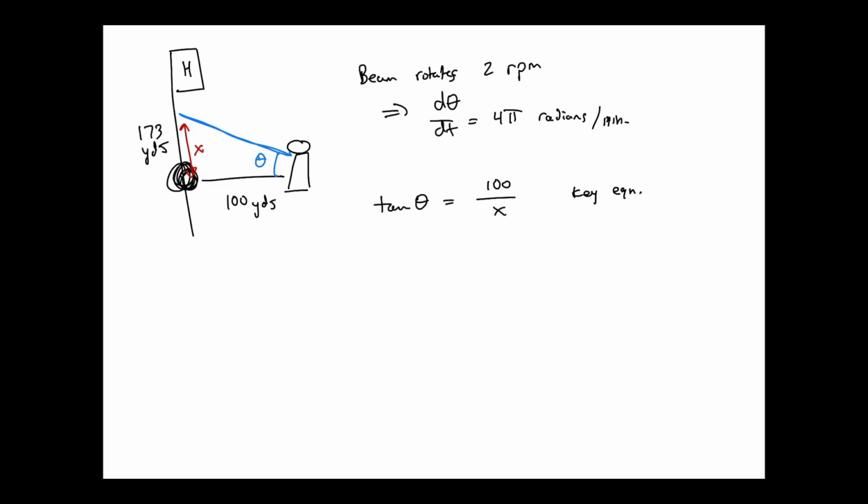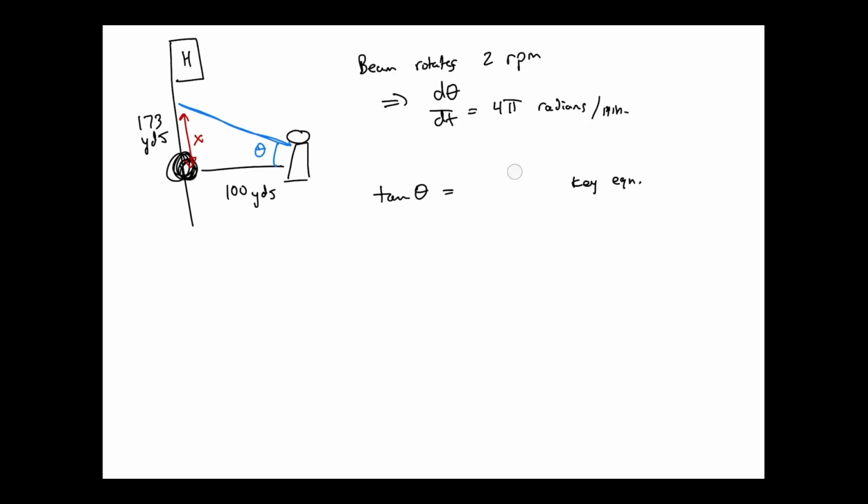If it's not, you have to divide both of them by it. I'm sorry, I wrote this upside down. Yeah, there we go. So opposite over adjacent, right? For tangent. Okay, that'll make the next step a little easier.